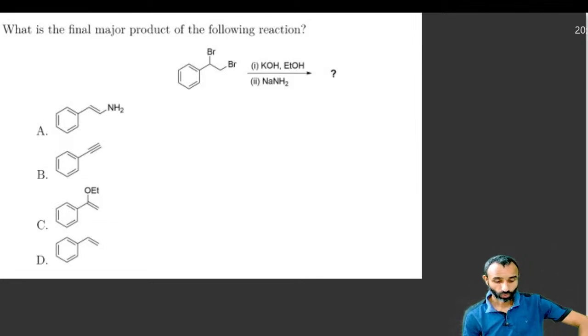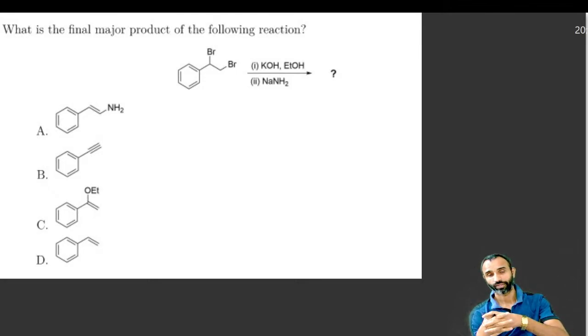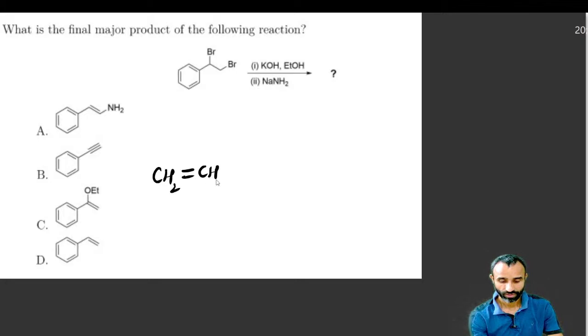Next, what is the final major product of the following reactions? First, keep in mind that the first bromine can be removed by alcoholic KOH. It is a simple beta elimination reaction. But if it is vinyl halide, this is vinyl halide, right?